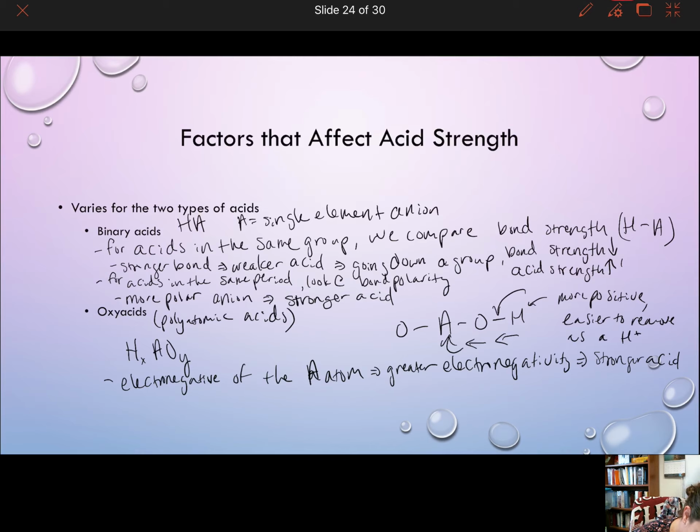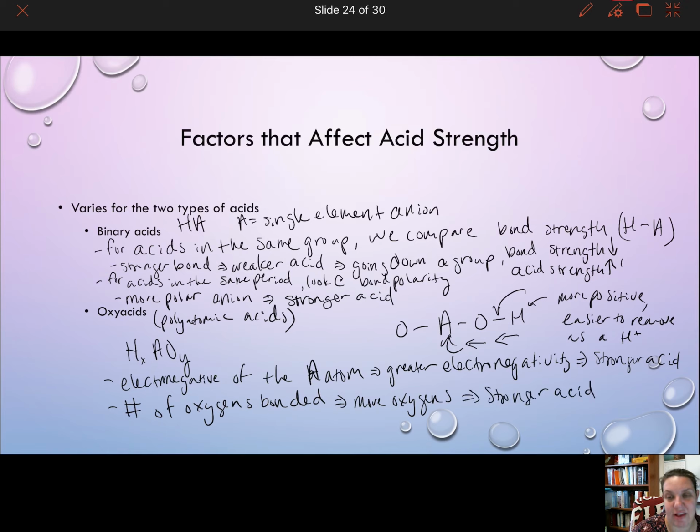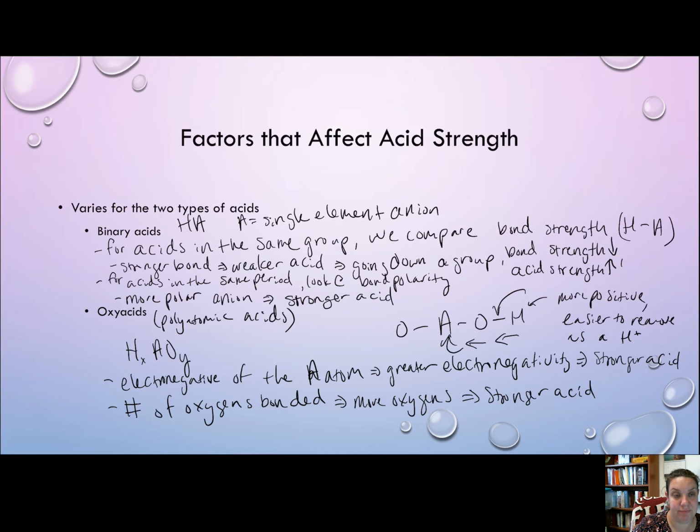Okay, also the number of oxygens bonded. The greater the number of oxygens, the stronger the acid. And this has to do with the stability of the conjugate base.